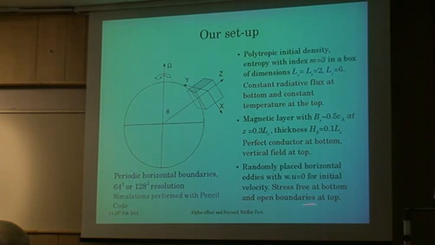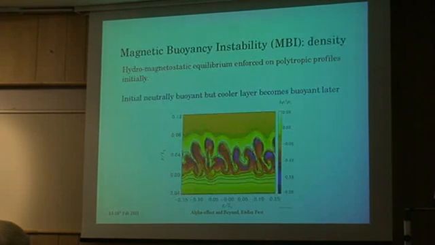And then we do all our simulations with an initial velocity field such that the kinetic helicity density, not the total kinetic helicity, but the kinetic helicity density, is 0. We have periodic horizontal boundaries, and we use rather low resolutions of 64 cubed or 128 cubed.